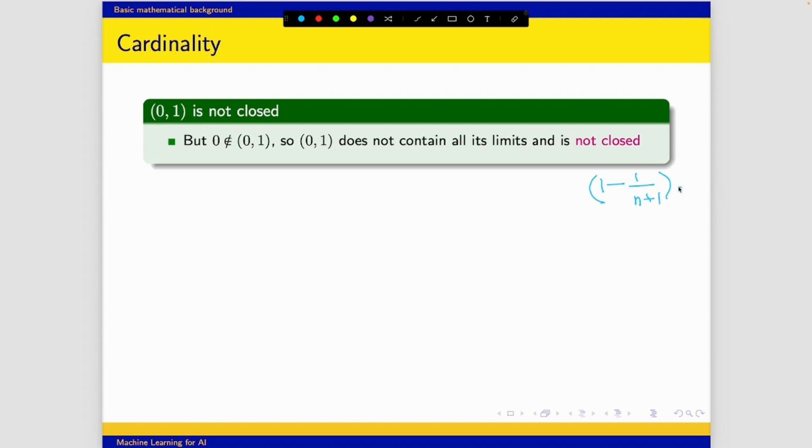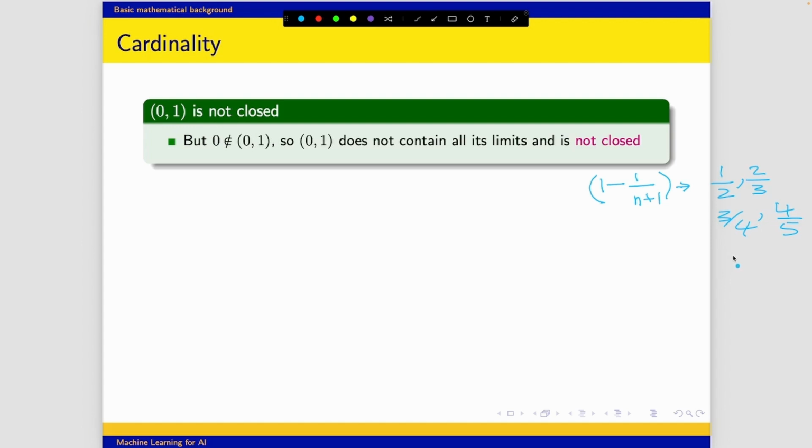For n equals 1, we're going to get a half, 1 minus 1 over 2. Then we get 1 minus a third, which is 2/3, and then 3/4. For n equals 4, we get 1 minus 1 over 5, so 4/5.